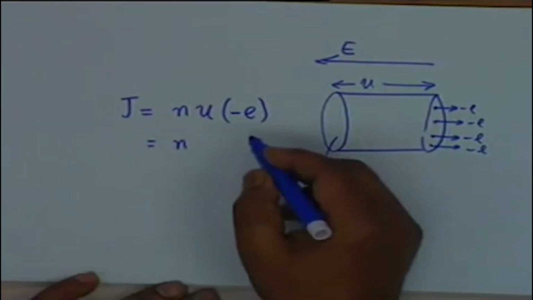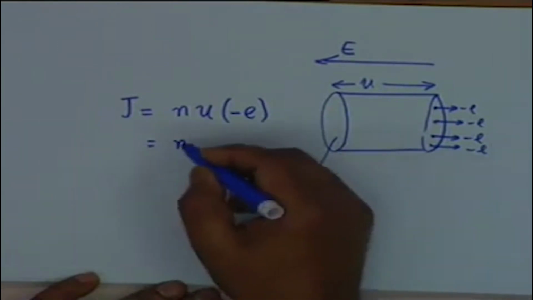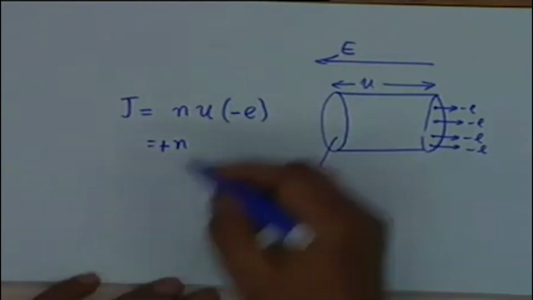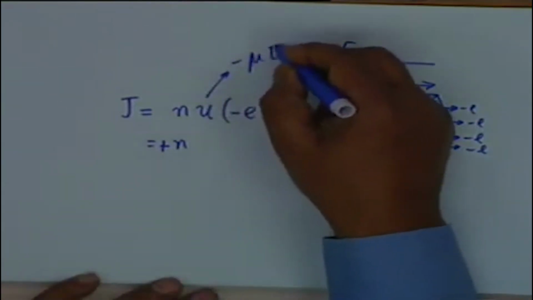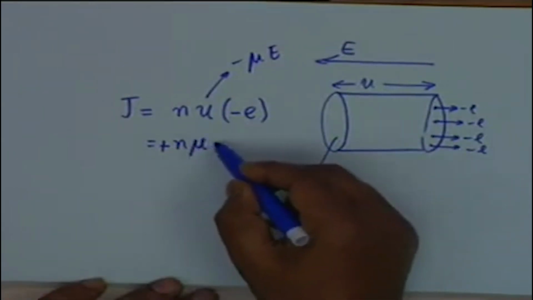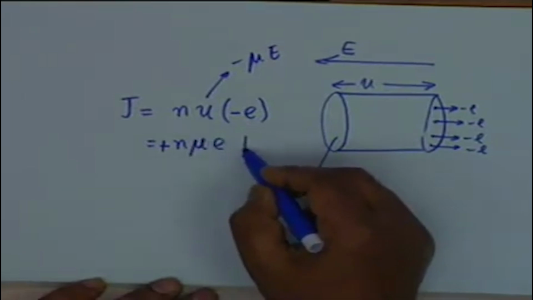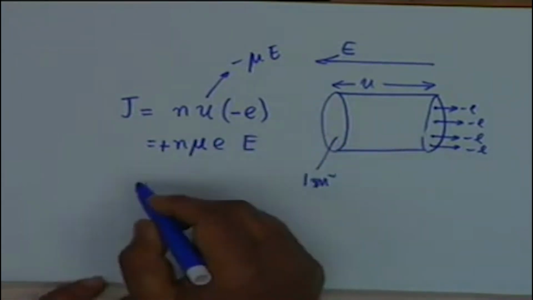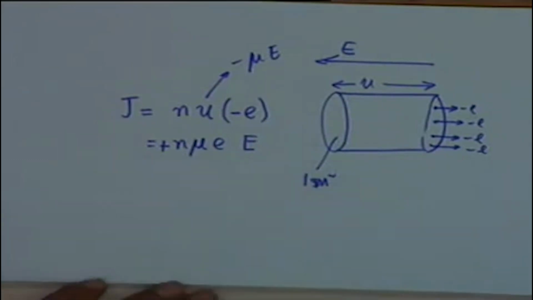But u is equal to minus mu E, therefore the minus and minus will cancel. U is minus mu E, where mu is the mobility. So it shall be n mu e multiplied by E, which I can write as the current density. Which direction does the current flow?